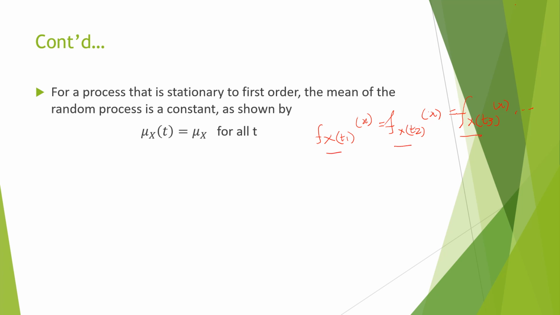In that case, the mean value at t1, that is mu_X(t1), is equal to mu_X at t2, and that is equal to mu_X at t3. Since the PDFs are the same at different time epochs, their mean values are also the same. Therefore, we can say that the mean value is independent of time. It is constant at all time epochs. So for all t, mu_X(t) is equal to mu_X. In the case of a stationary random process, it is also known as stationary to first order, as we are considering the mean value.